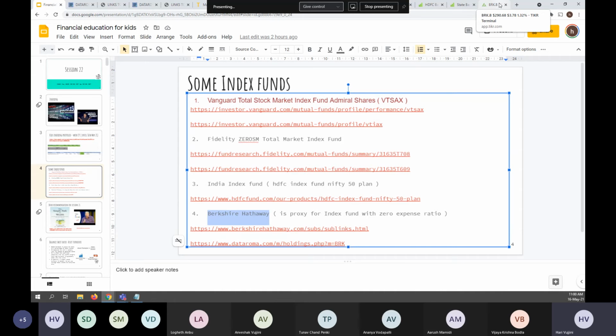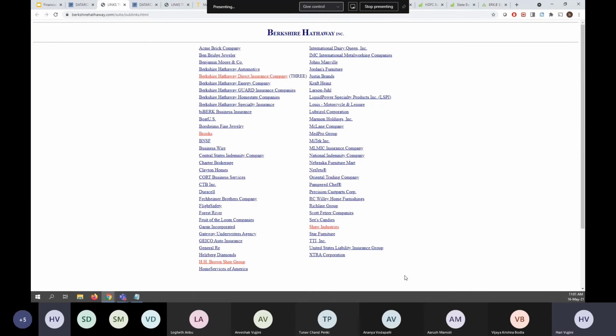Whereas Berkshire Hathaway, they don't worry about the market cap because they invest money based on the returns, and they handpick those companies over many years. Berkshire Hathaway handpicked these companies for the last 50 years, and they don't have any bias towards market cap.